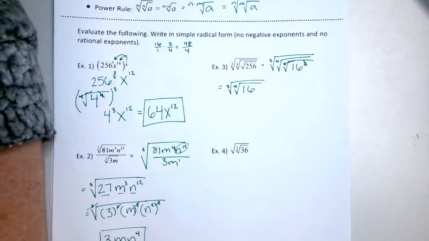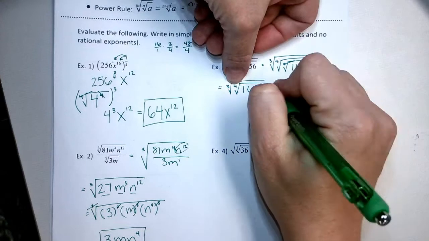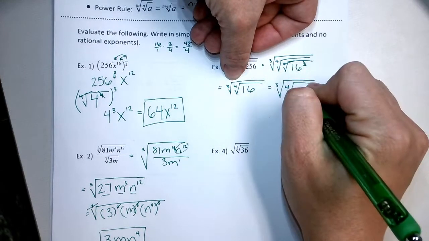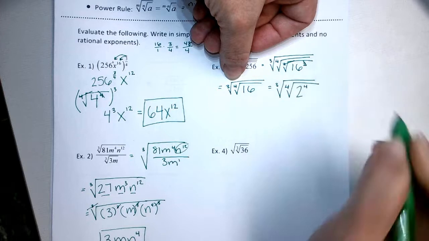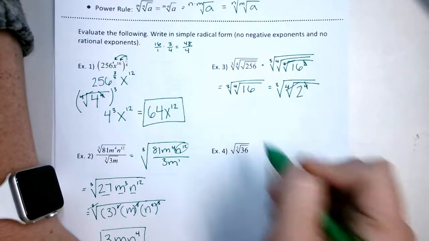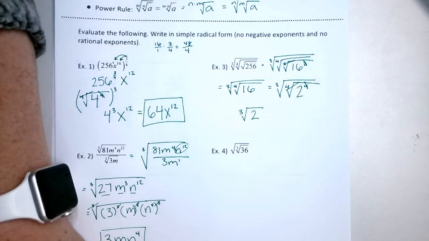Now, can 16 be written as something to the 4th power? Yes. 2 to the 4th power. So this cancels that, and I'm left with the cube root of 2. Can that simplify? Nope.